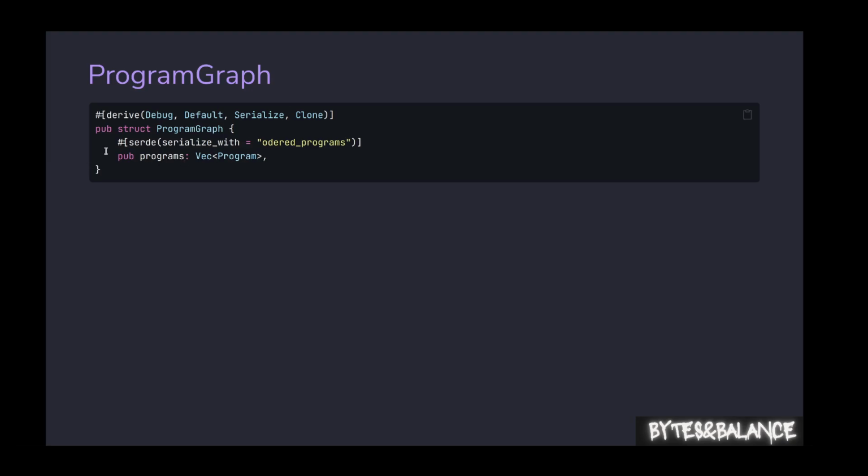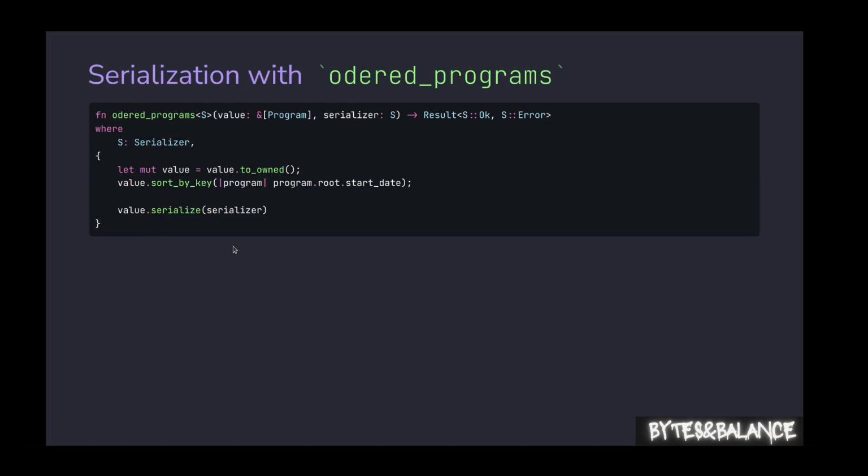And as we've seen with this type of custom serialization, where we have a function before, we have the same thing here for ProgramGraph too. This is a function for it, with the where clause that has to implement serialization. And then very similar functions to those seen before.